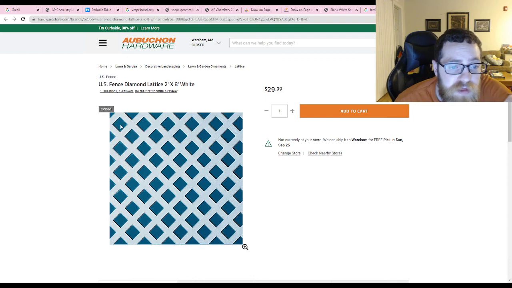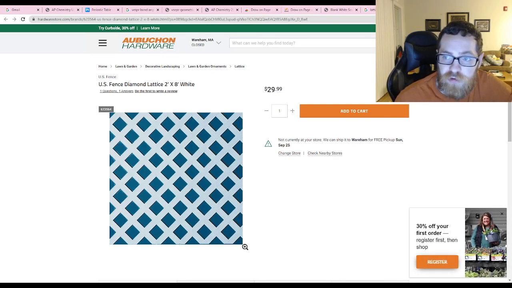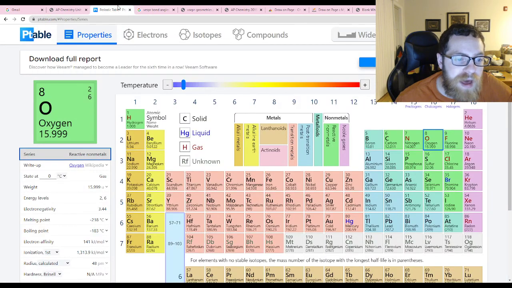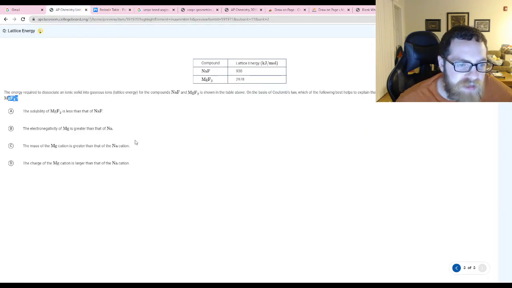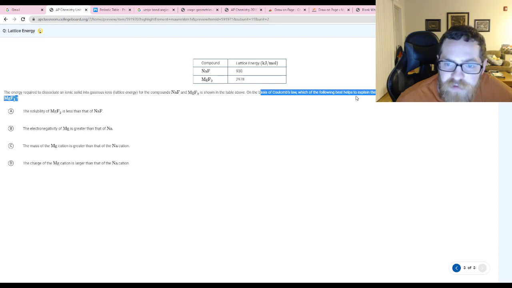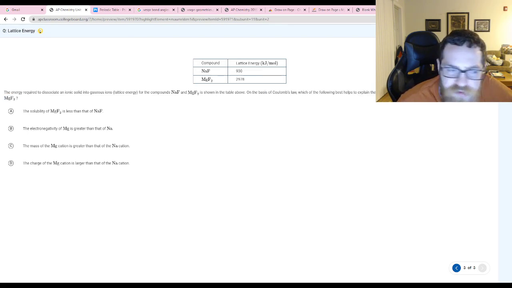So think of each of these things here as a positive, negative, positive, negative, filling in the gaps, forming a lattice structure. The lattice energy is the energy holding that together. So on the basis of Coulomb's law, which best helps explain the difference between the lattice energies of NaF and MgF2.